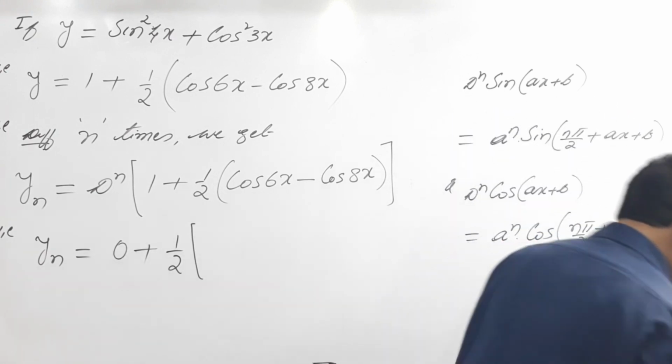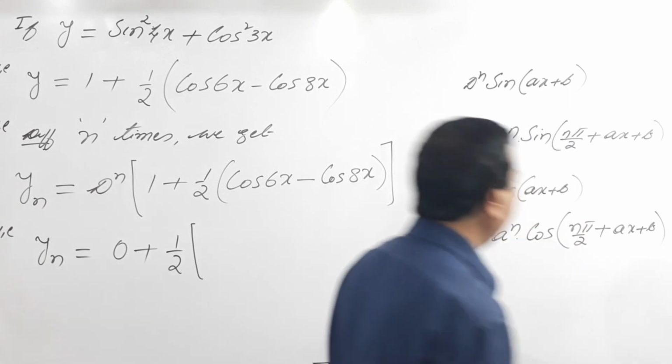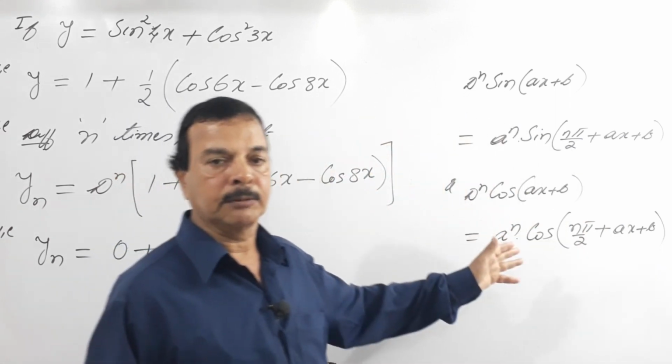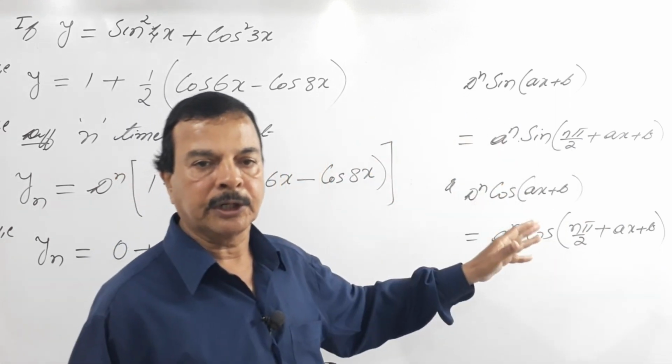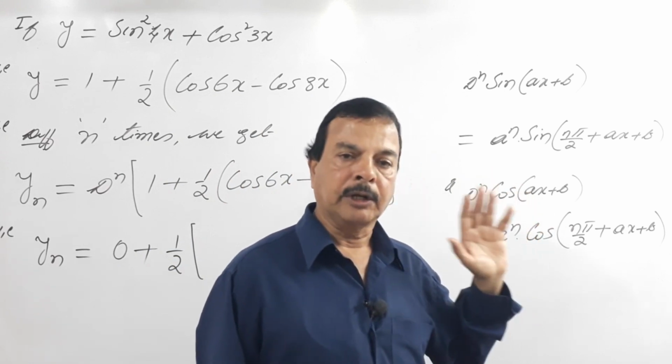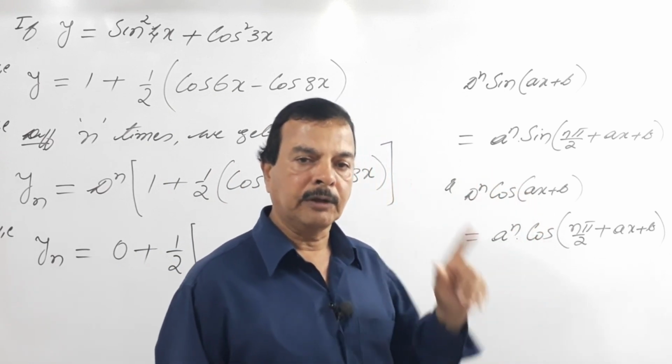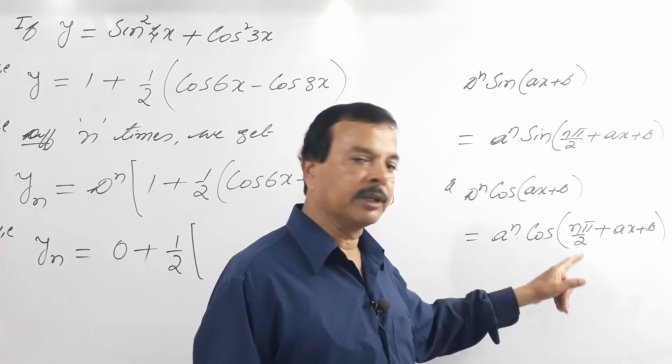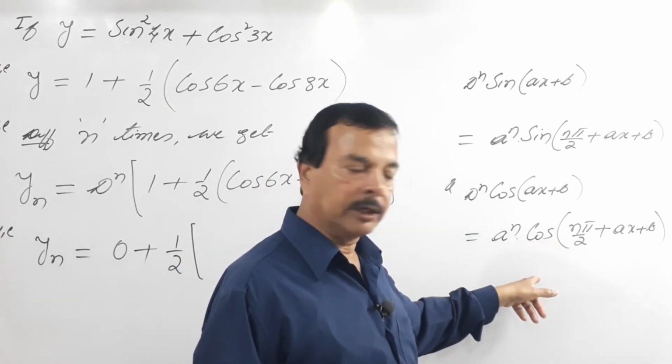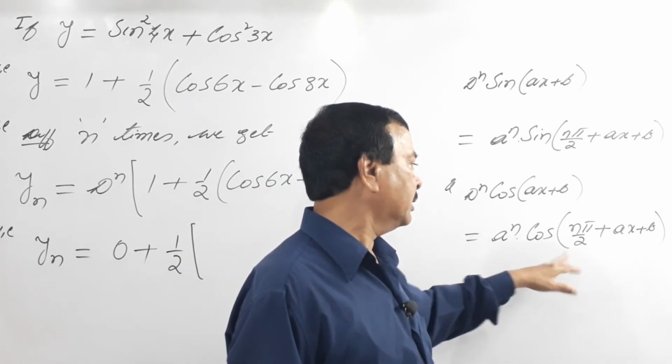So this is a formula we have learned in the previous class, class number 32, when we were finding the nth derivative of standard functions. So there we have learned this. So what is the solution for this?